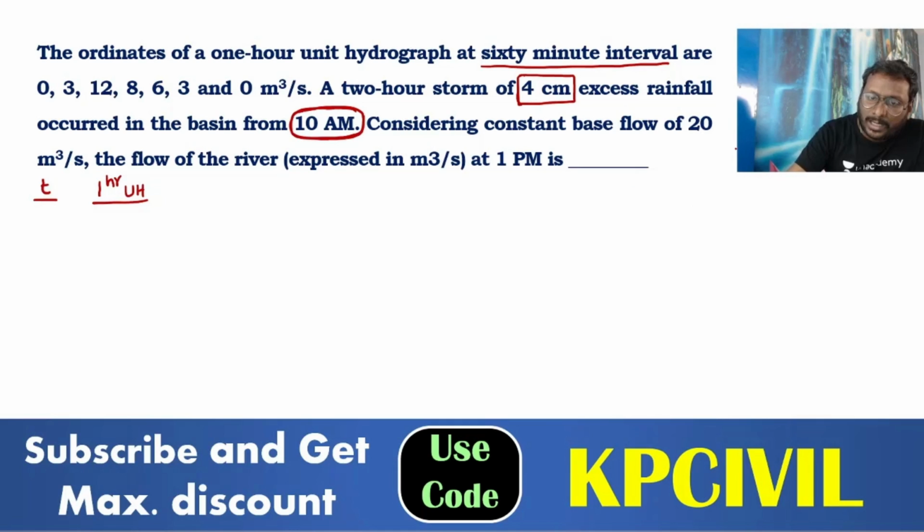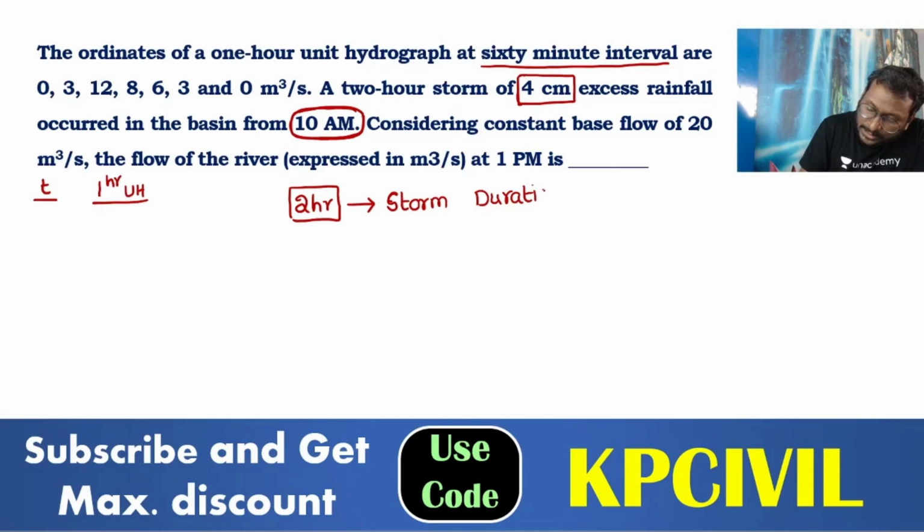So rainfall occurred is 2 hours. Storm duration, rainfall duration, I am writing, is 2 hours. What is your unit hydrograph provided?